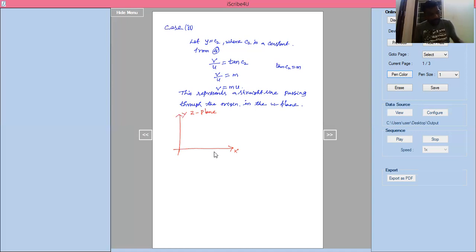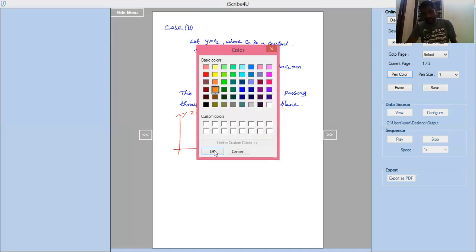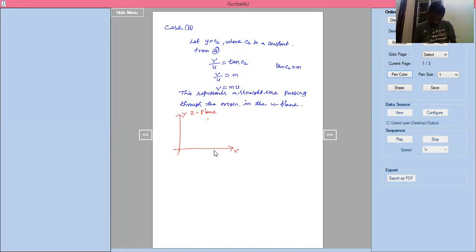So here I'm taking one line as x equal to c1 and another as y equal to c2. This is in the z plane. X equal to c1 is nothing but this line. This is x equal to c1.